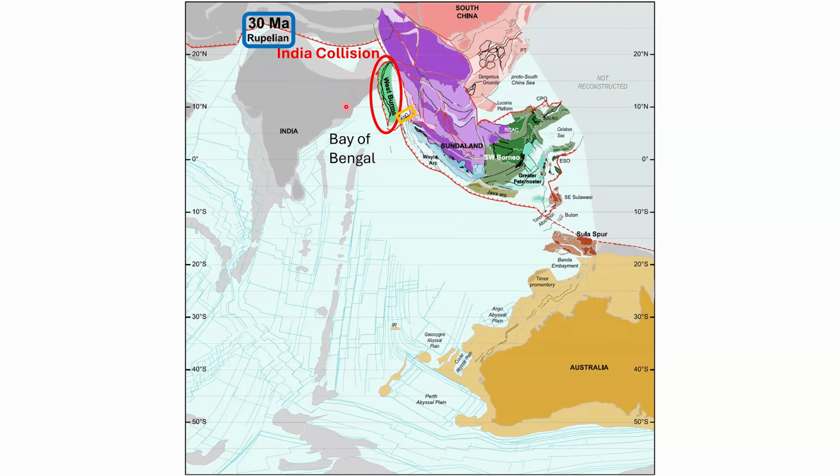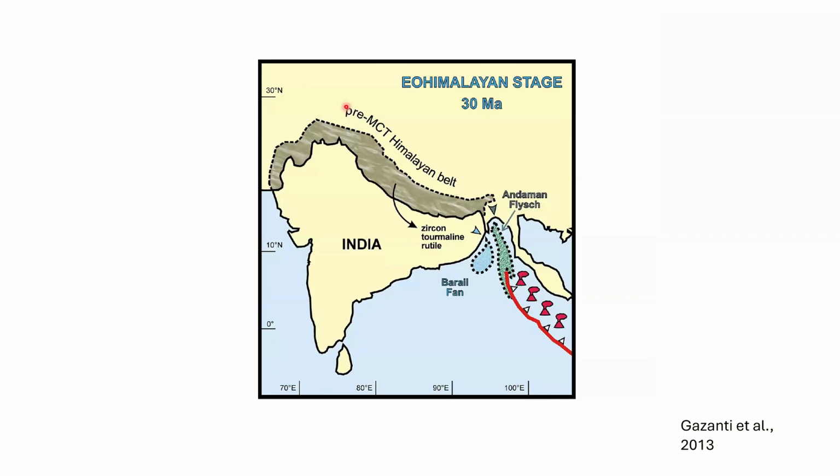And what I want to do now is to bring up a different sort of reconstruction for this time period that was done by some sedimentologists, people who care not only about the big collision, but about what the sediments are doing. So at 30 million years ago, they call it the Eo-Himalayan stage.